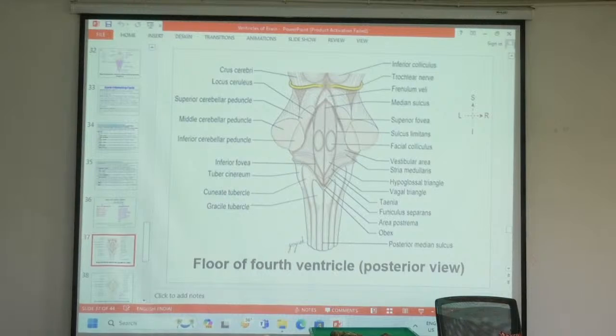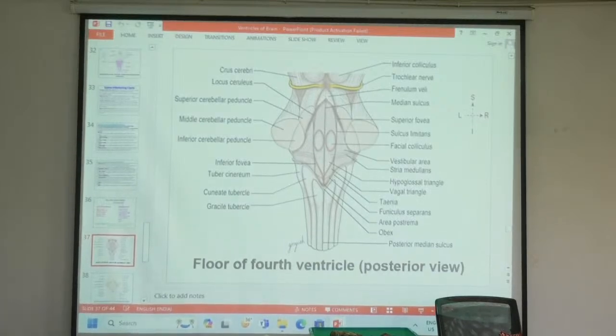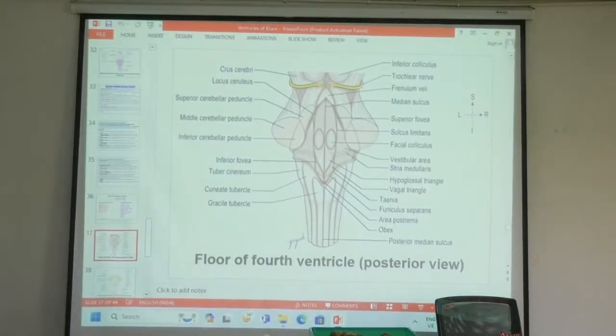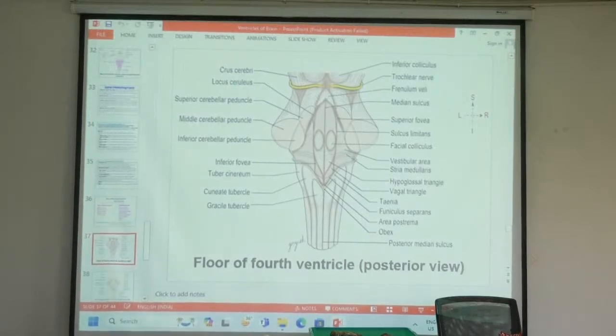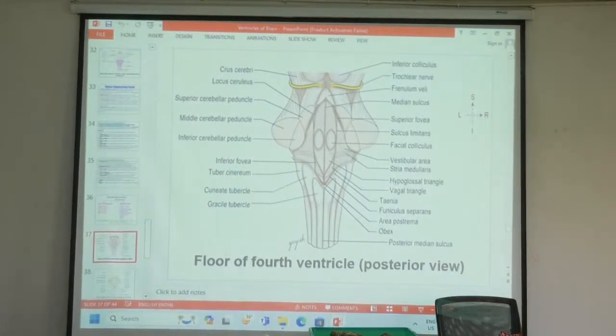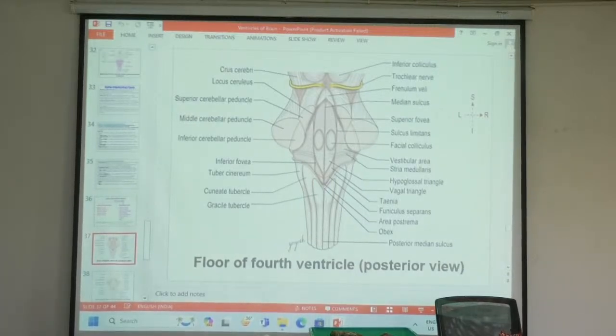The lower end looks like the nib of a pen. This area is known as the area postrema, and below it lies the obex. Okay, understood? Below here, this part is the medulla. You can see here the gracile tubercle medially and cuneate tubercle laterally.